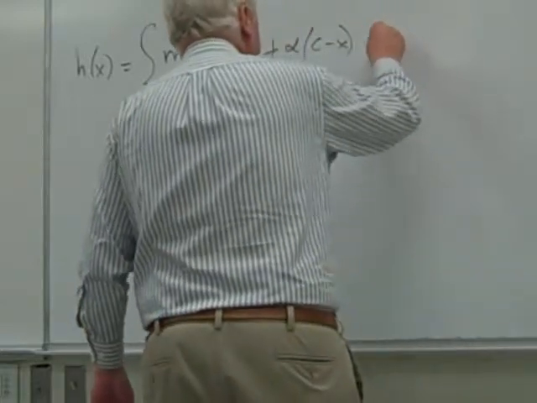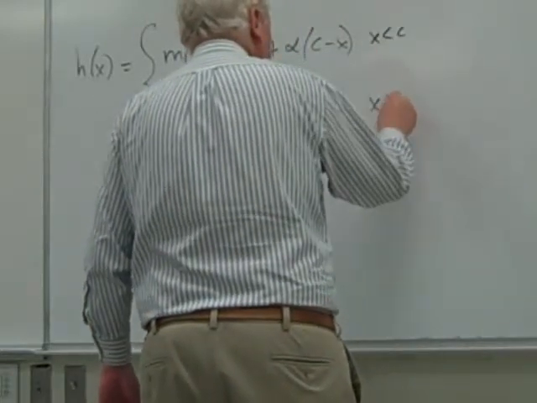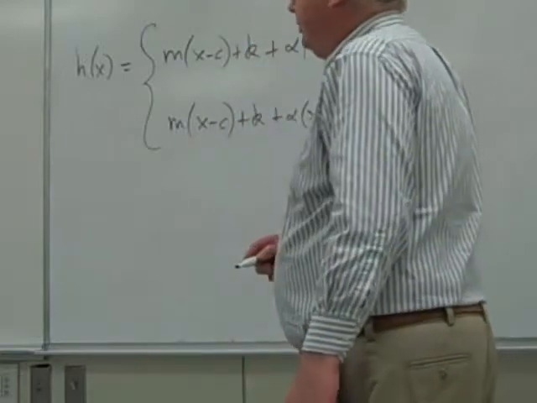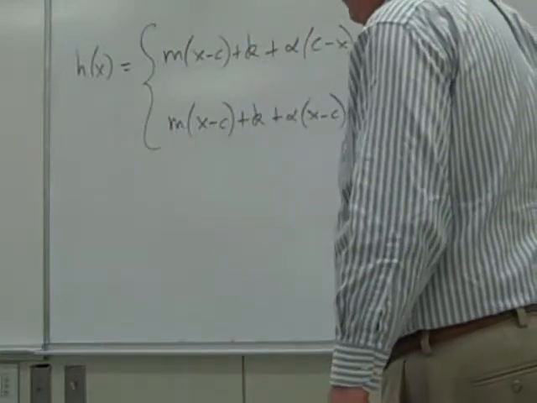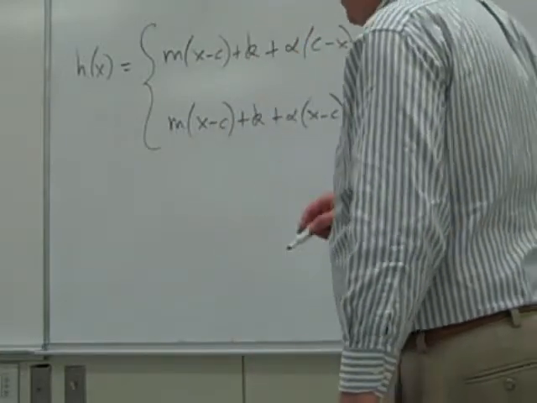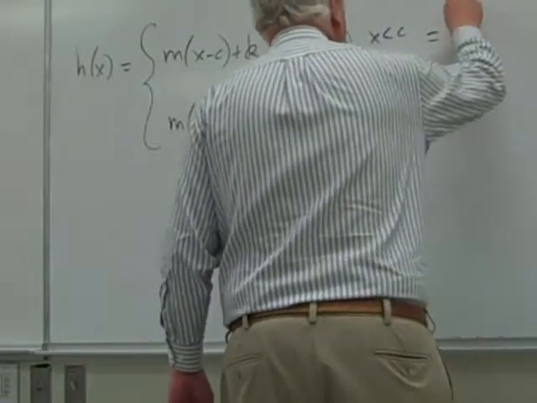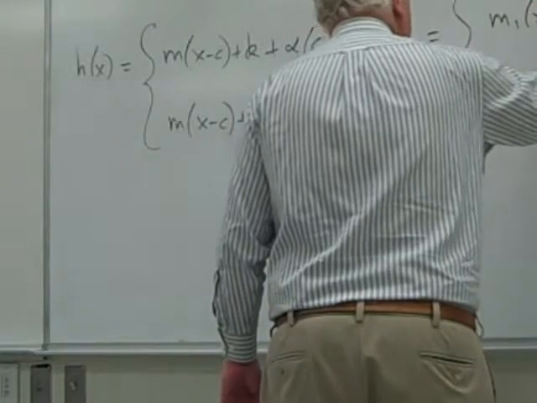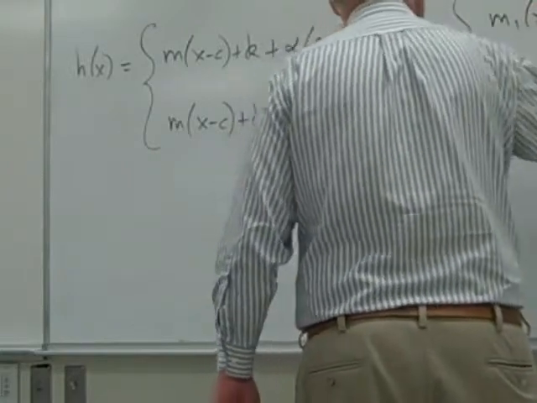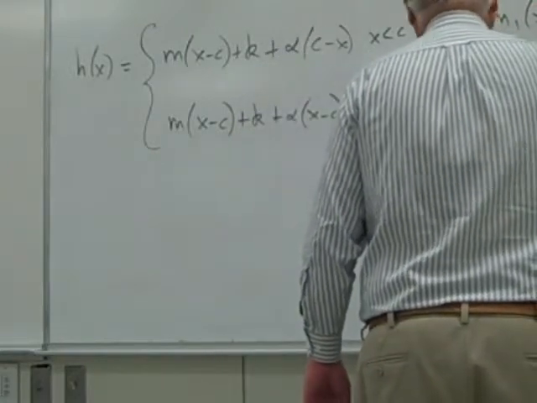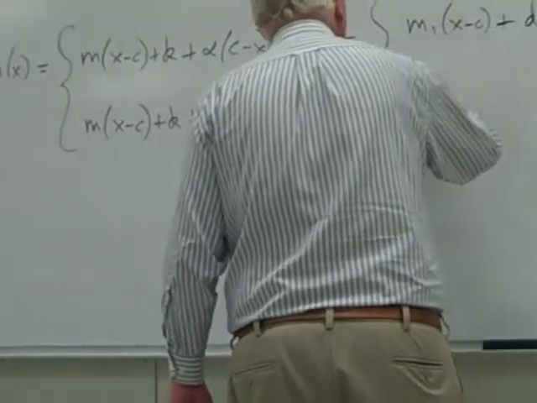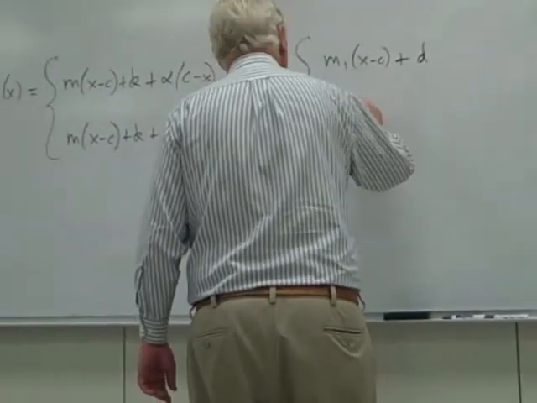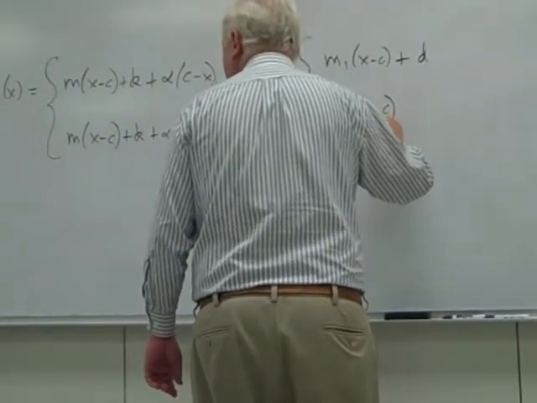So this is x less than c, x greater than c, and I have to match that with m1 times (x minus c) plus d and m2 times (x minus c).